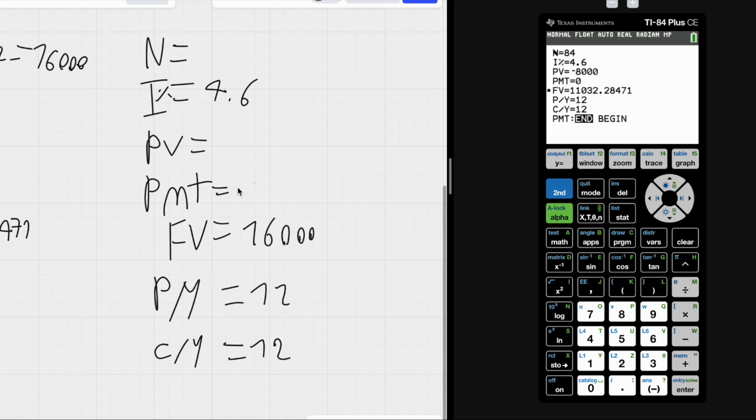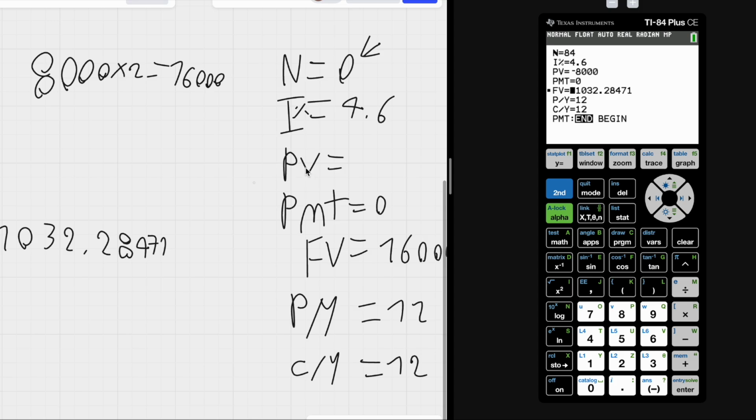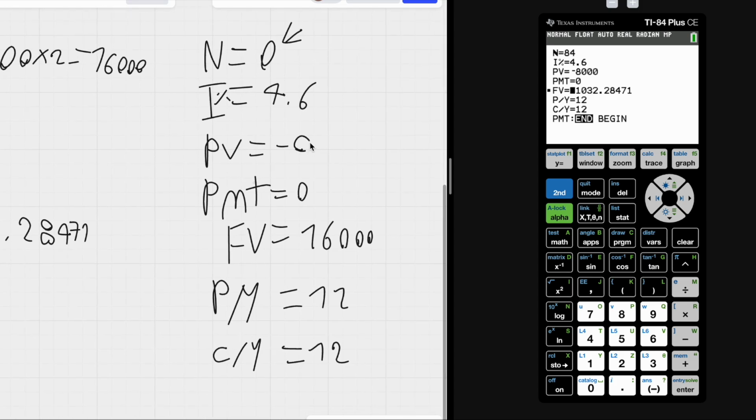So we will know how much time, this is the variable that we will find, it will take to go from negative 8,000. We need to put this negative so the GDC doesn't crash, because if two values are negative or positive, it doesn't work.